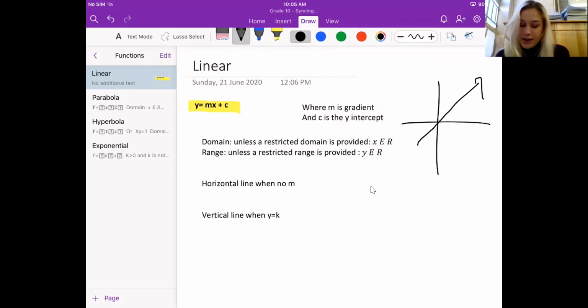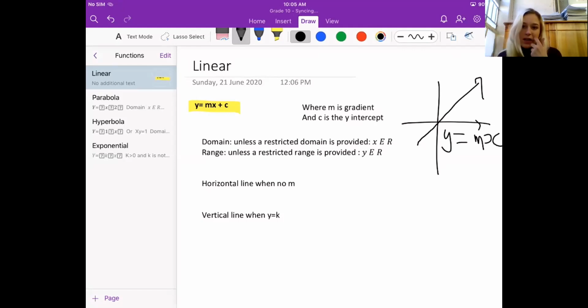And we said that would just be y is equal to mx.